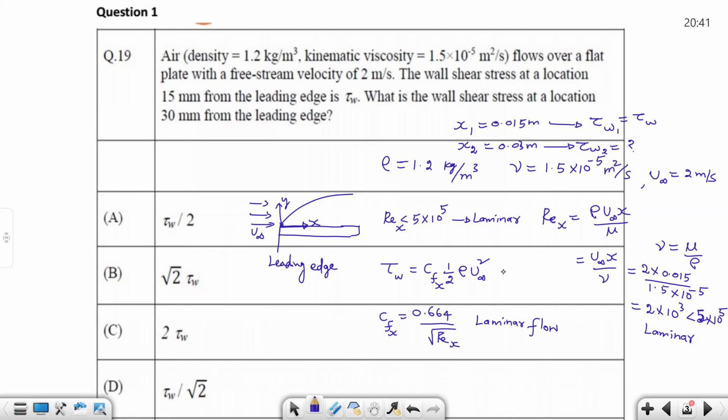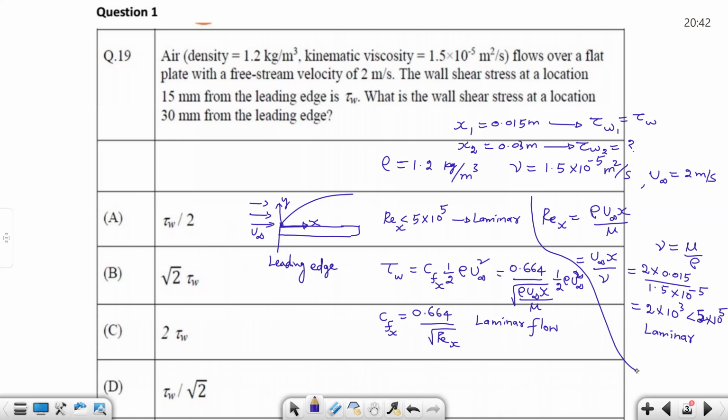So flow is laminar, so this will be valid. You can take this as 0.664 by root of Reynolds number, where Reynolds number is equal to rho u infinite x by mu, into half rho u infinite square. So here what is changing is only the distance from the leading edge. All other things remain same.